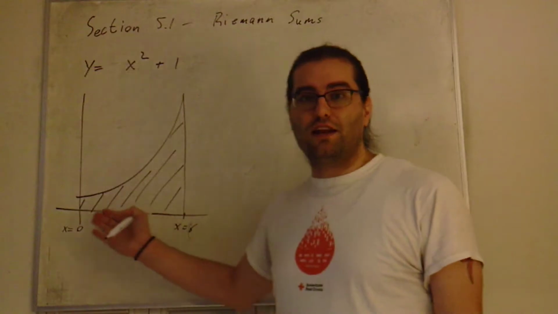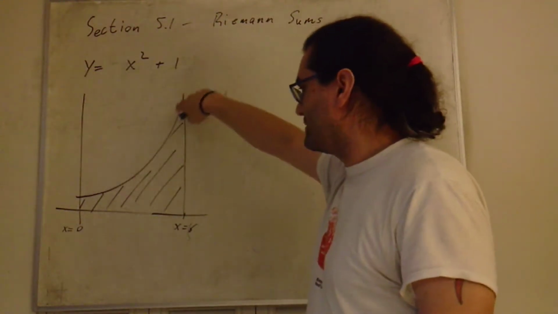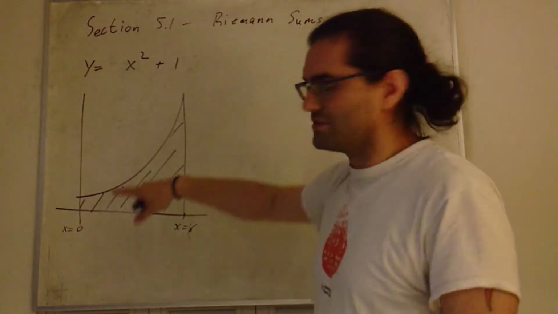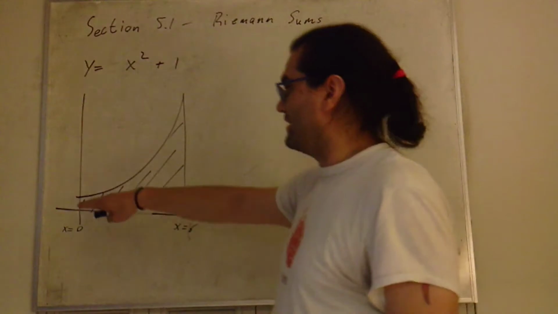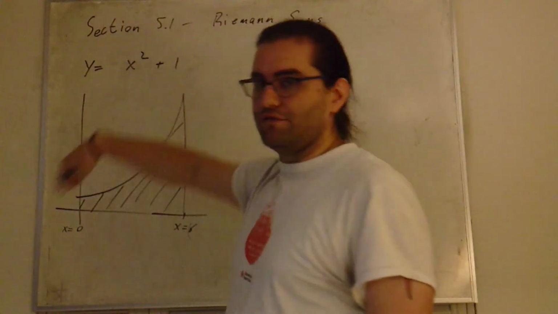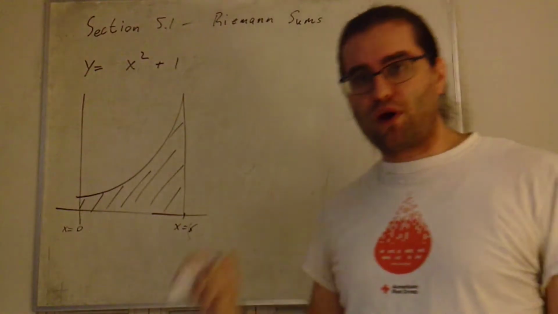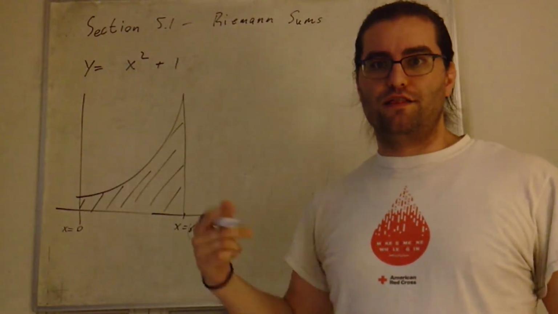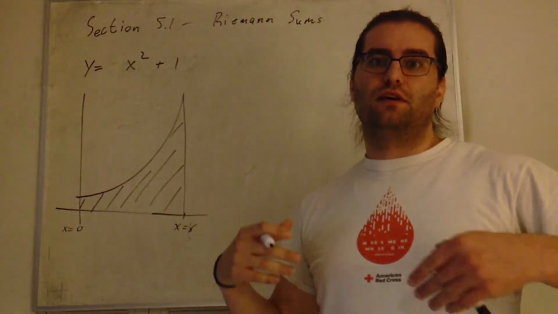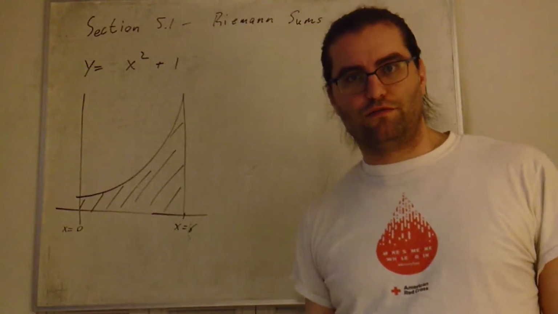But this is not any of those things. This is a weird curvy shape on one end, but we got right angles on the other ends. So instead of finding the exact area of the weird curvy shape that we have accidentally created here, we're going to approximate the area using the most basic area shape possible, the good old-fashioned rectangle.